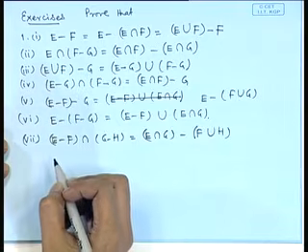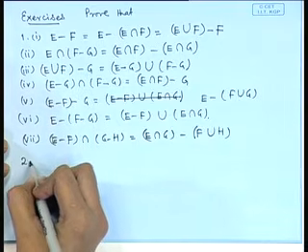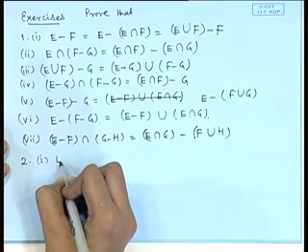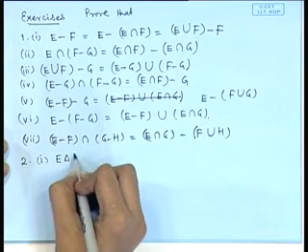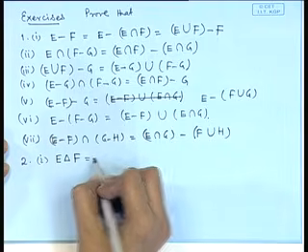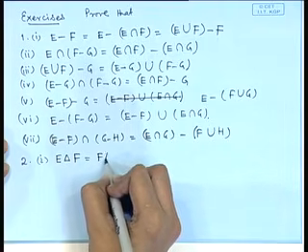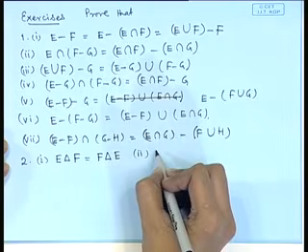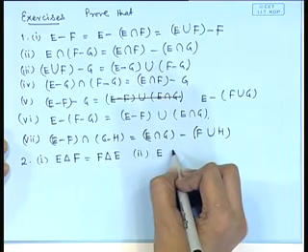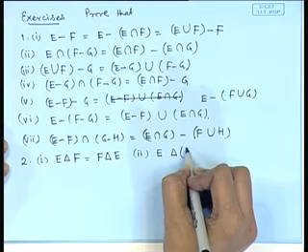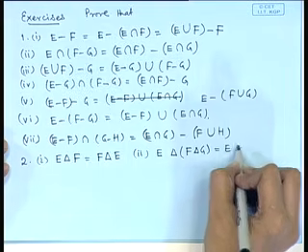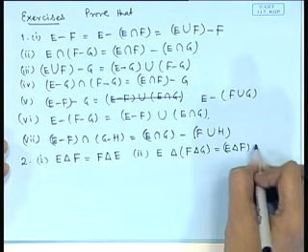Certain relationships which are true for the symmetric differences are given in the next exercise. For example, the symmetric difference of E with F is the same as the symmetric difference of F with E. Symmetric difference satisfies the associative property, that is E delta F delta G is the same as E delta F delta G, grouped either way.